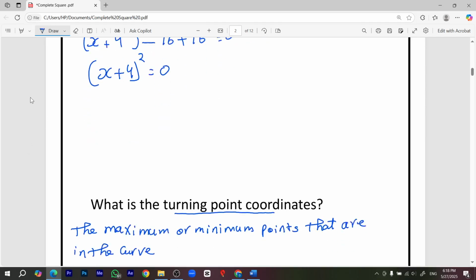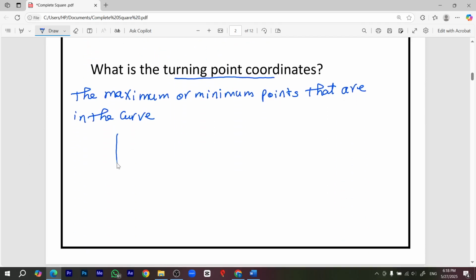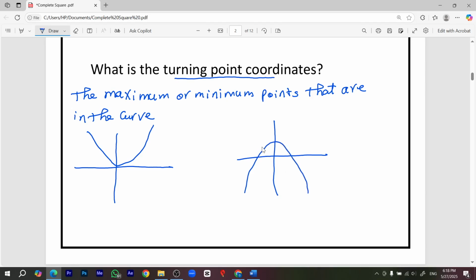When answering a quadratic equation, we have two options in the graphs. Either it looks like this, which is the minimum, or it can look like this, which is the maximum. Here is the minimum point, and this is the maximum point.